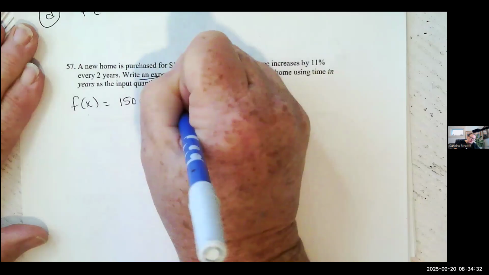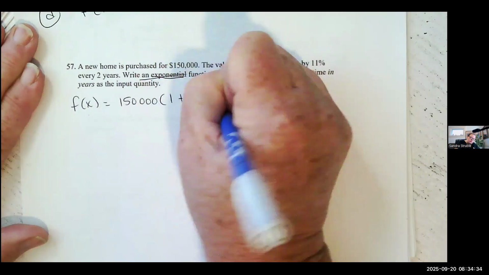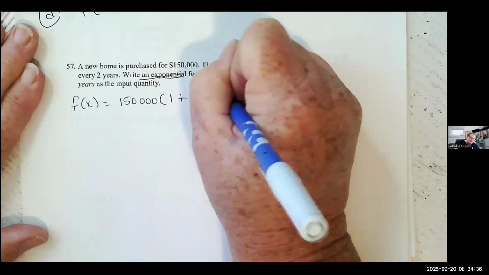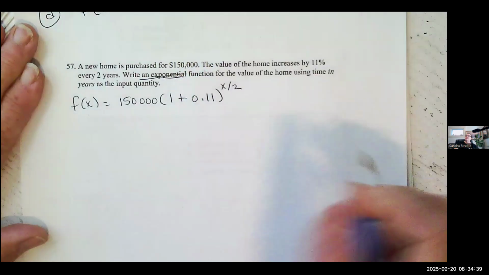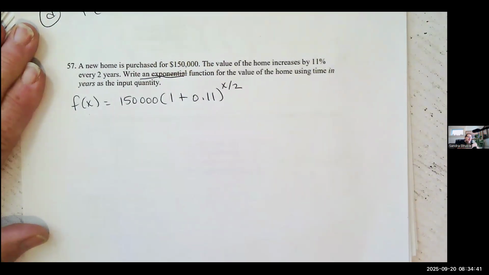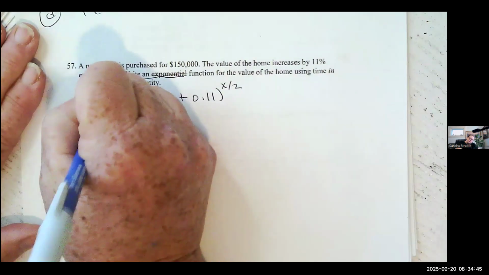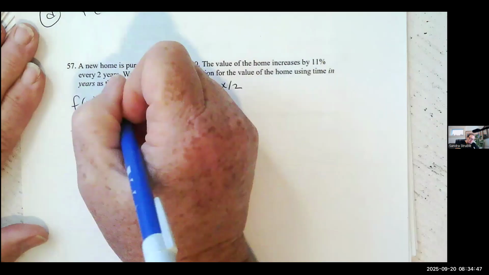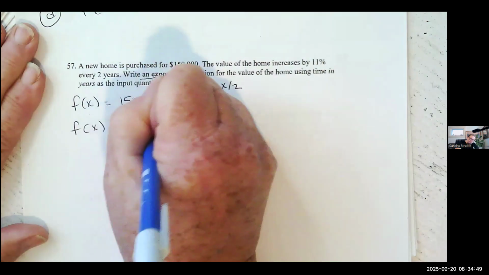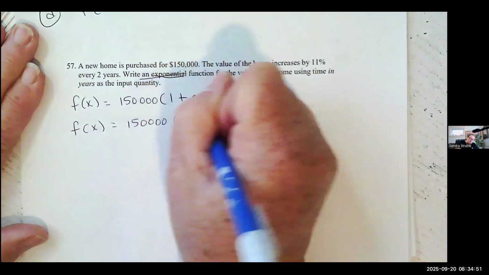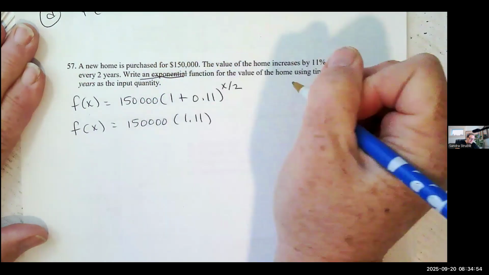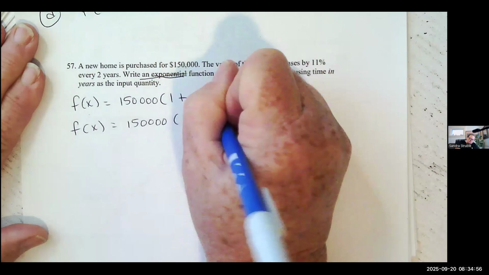Increasing, so 1 plus 0.11 to the x divided by 2 because it's every 2 years. So every blank years is x divided by blank. So it's x divided by 2. And then your answer for this one, and we're just doing the exponential function, is 150,000 times 1.11 to the x divided by 2.